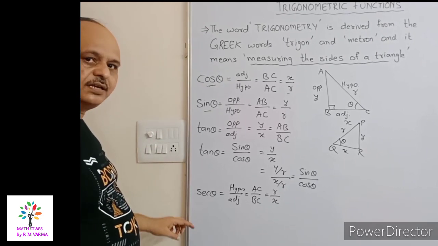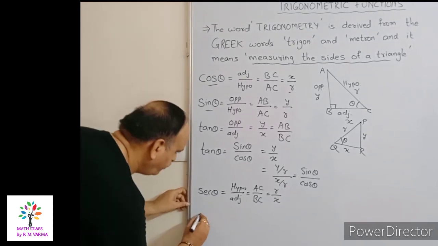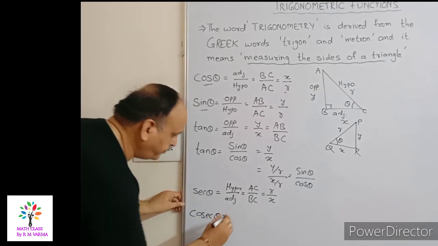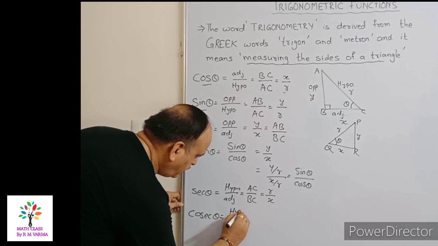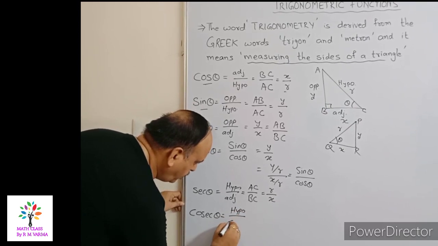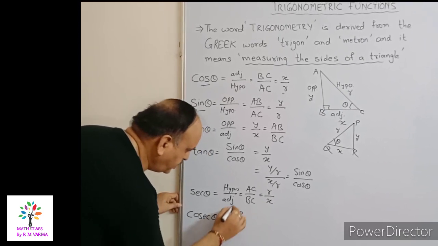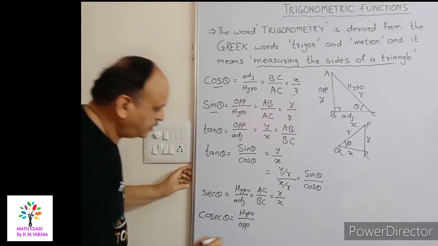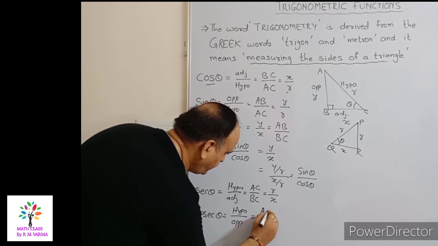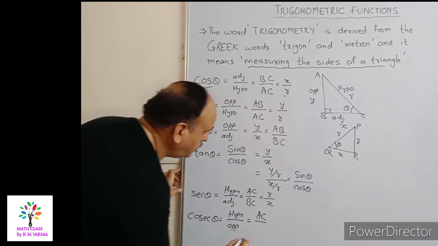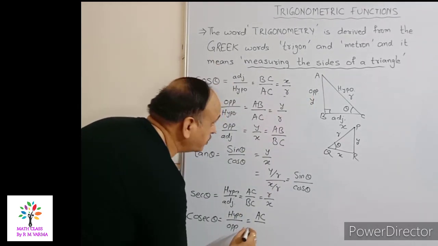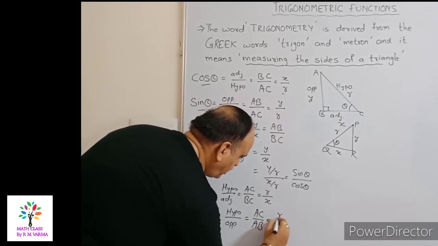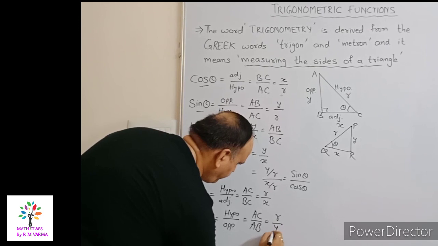From sine I will get cosec. So cosec theta equals hypotenuse upon opposite. You can see the inverse of this, which is AC upon, opposite is AB, sorry, which is r upon y.